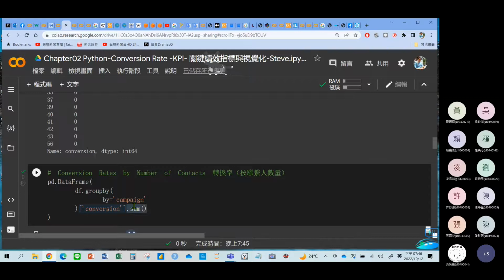What is count? 有几笔的资料？有17000笔的资料，但是只有多少个人买？当然是2300个人买。So you can tell the difference between the sum and the count function.